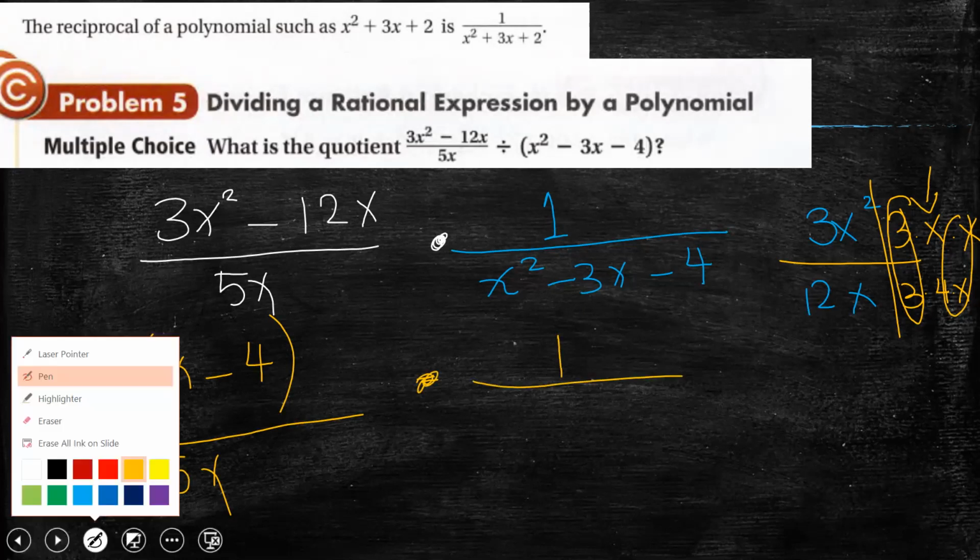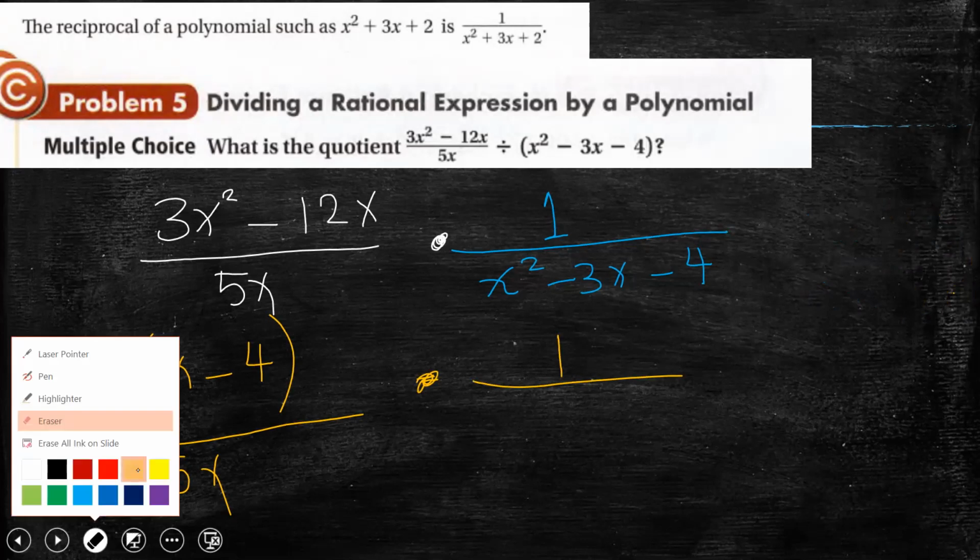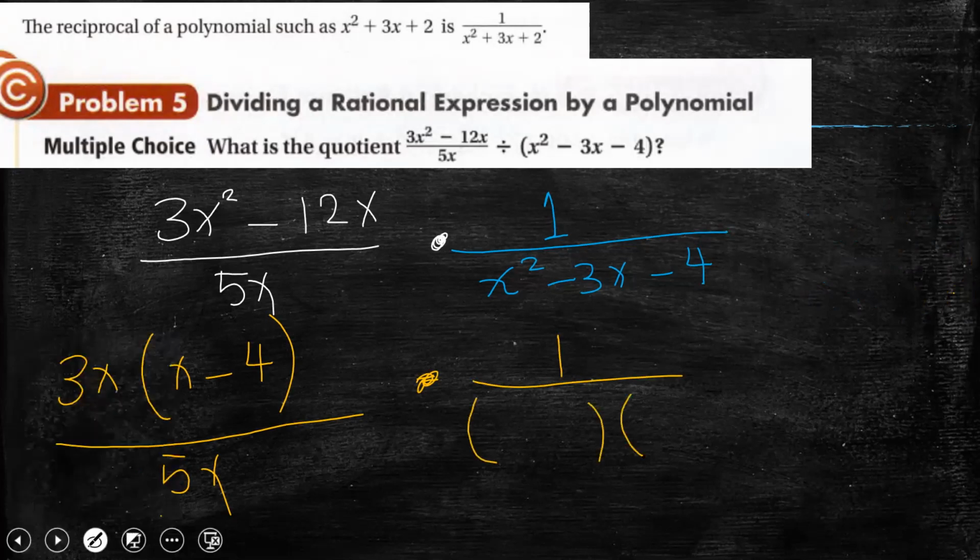I need now to factorize it. It's going to open two brackets. Each one has an x, one plus and one minus. Now, look at number 4. I need two factors that if you multiply them, you get negative 4, and if you add them, you get negative 3.